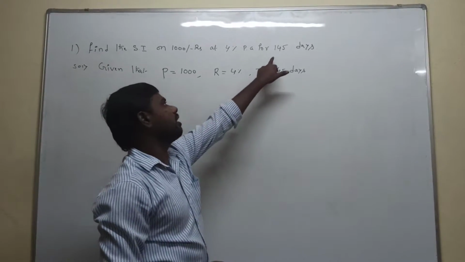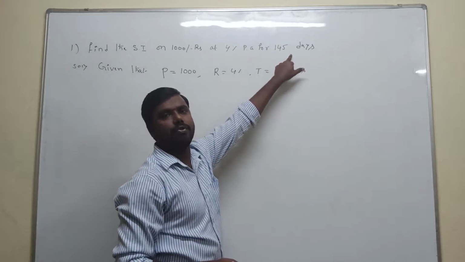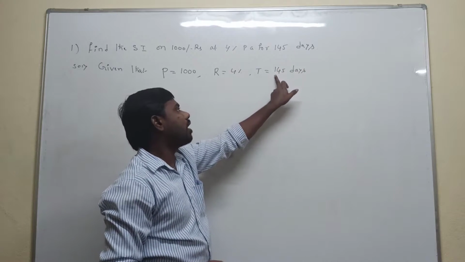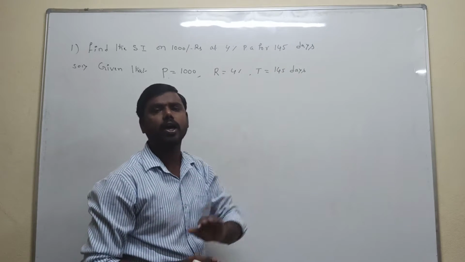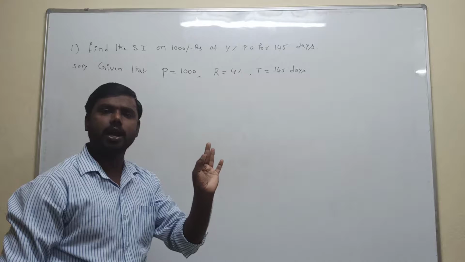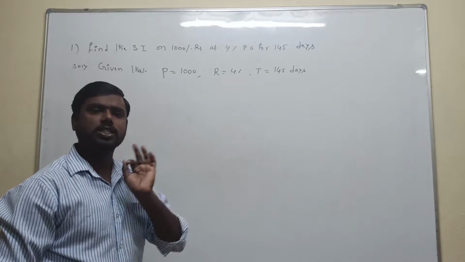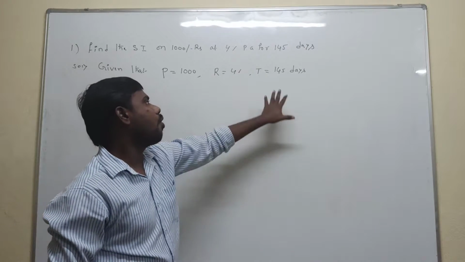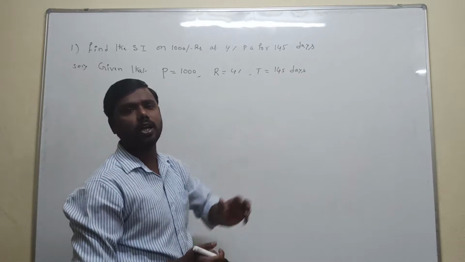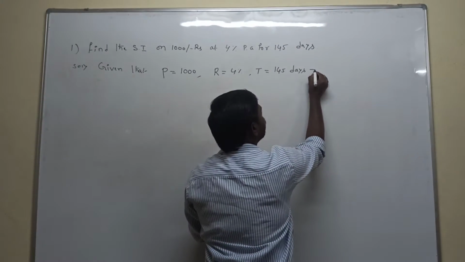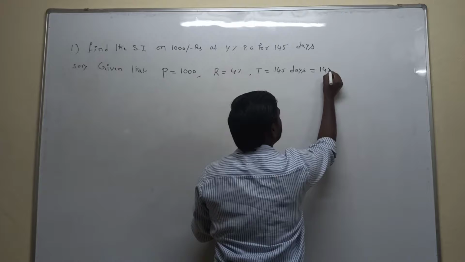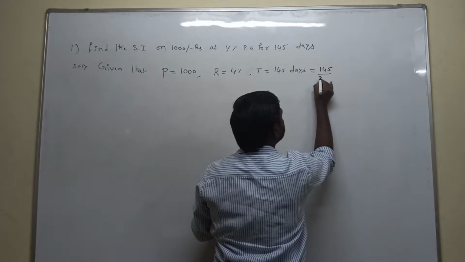That's why, 145 days to convert to years: one year has a total of 365 days. So 145 days converted to years is the given days divided by the total days per year, 365.